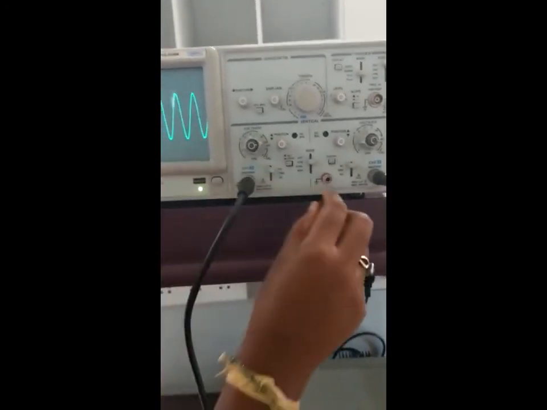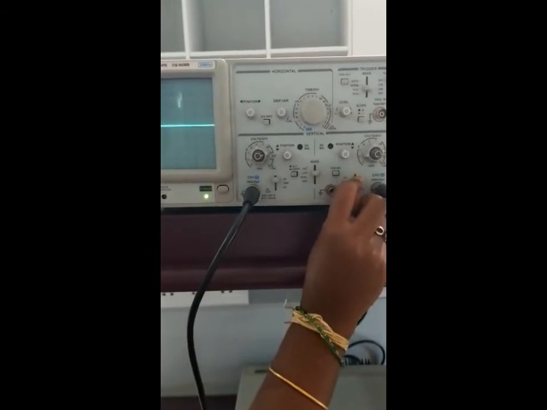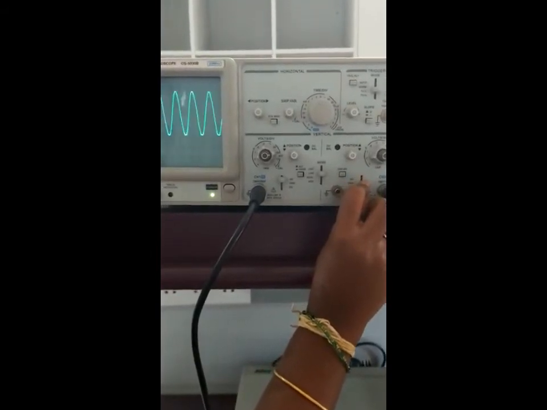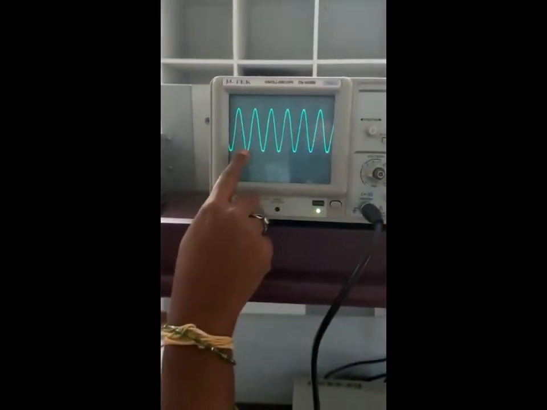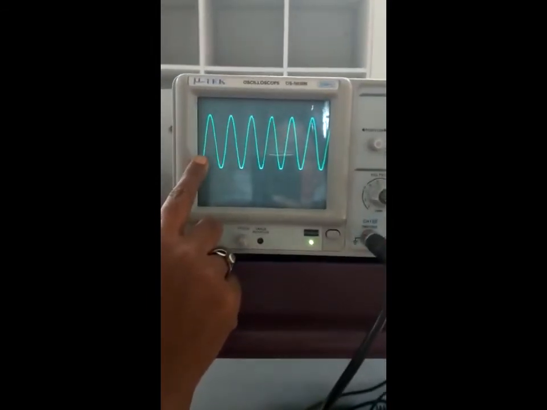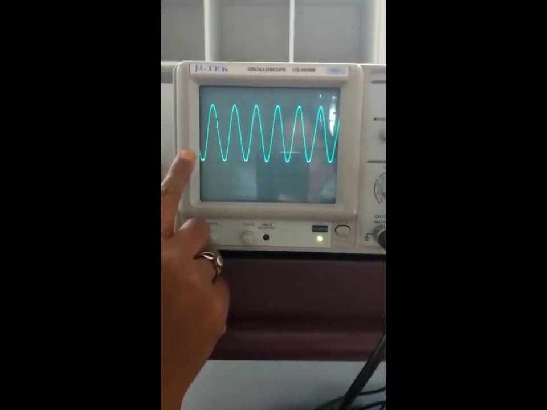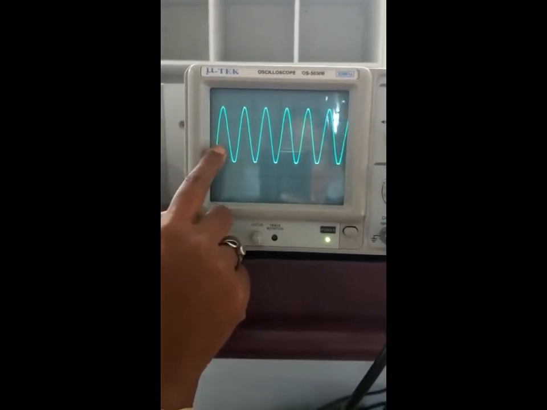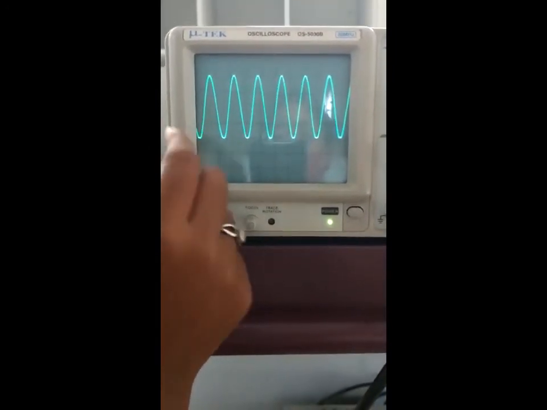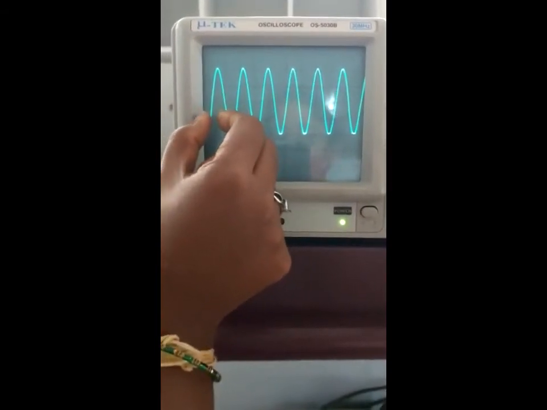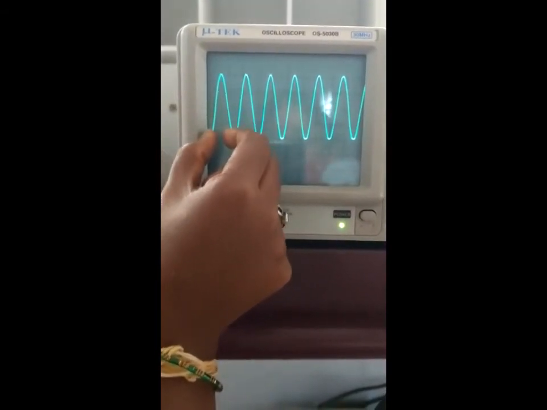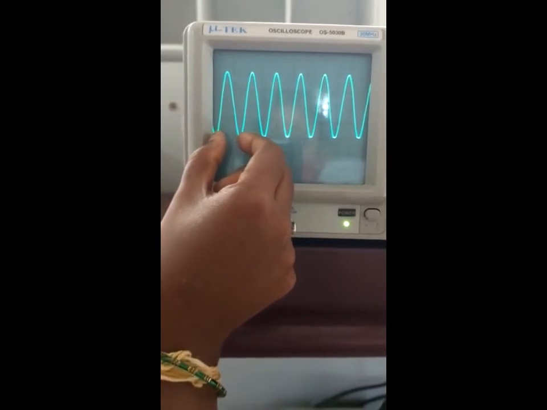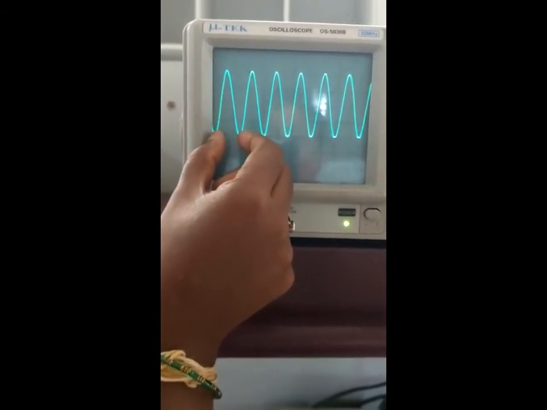The output waveform is clamped in the positive region of about 6 volts. 2 volts biasing causes the output waveform to appear across the negative region of about 2 volts.